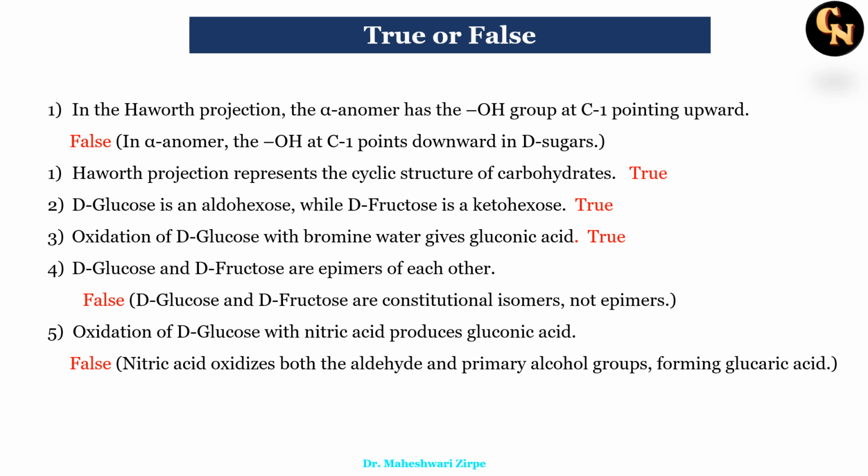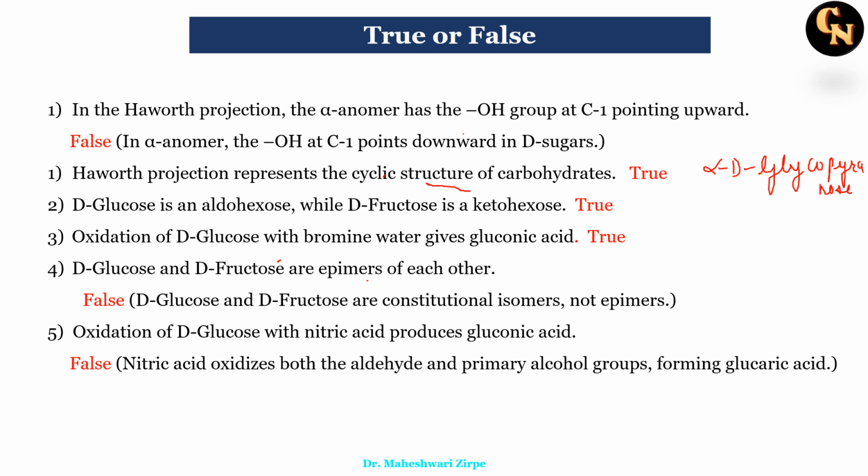So let me take the example of, wait, my pen, I think, yeah, it is writing. So here if we take alpha D glucopyranose, so pyranose is a 6-membered ring.